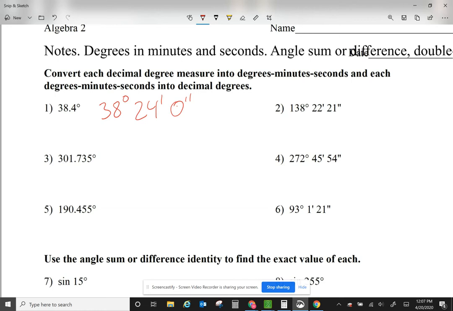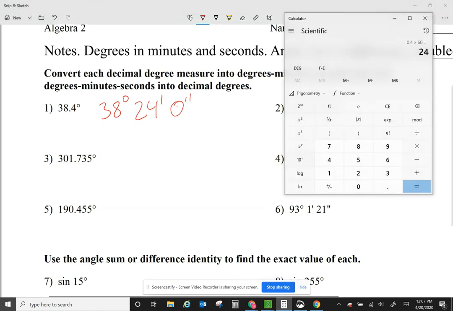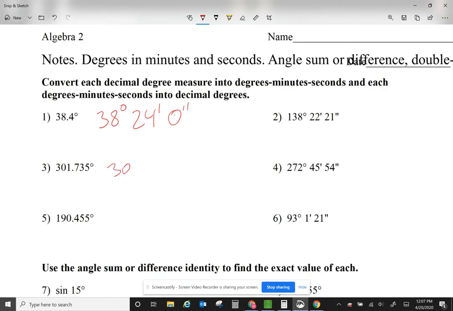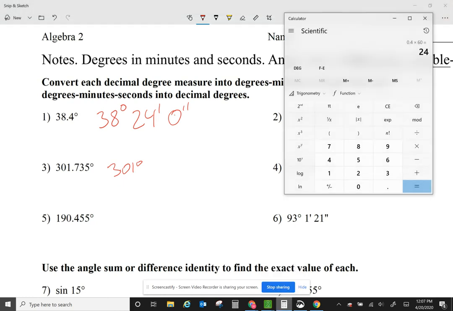All right, let's take a look at question number 3. Let me do the odd questions first. I'm going from degrees to minutes and seconds. Question number 3, I have 301 degrees. Now, let's take a look at the decimal part: 0.735 times 60. Notice how this one I did get as a decimal. I got 44.1.